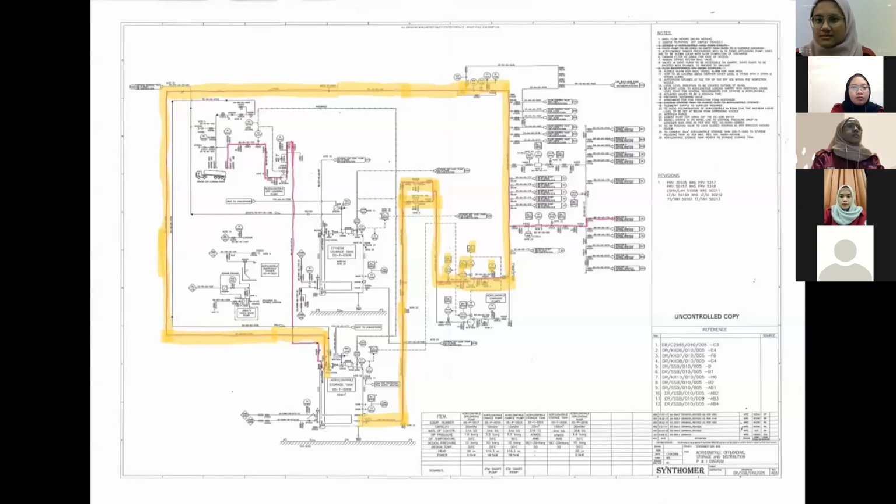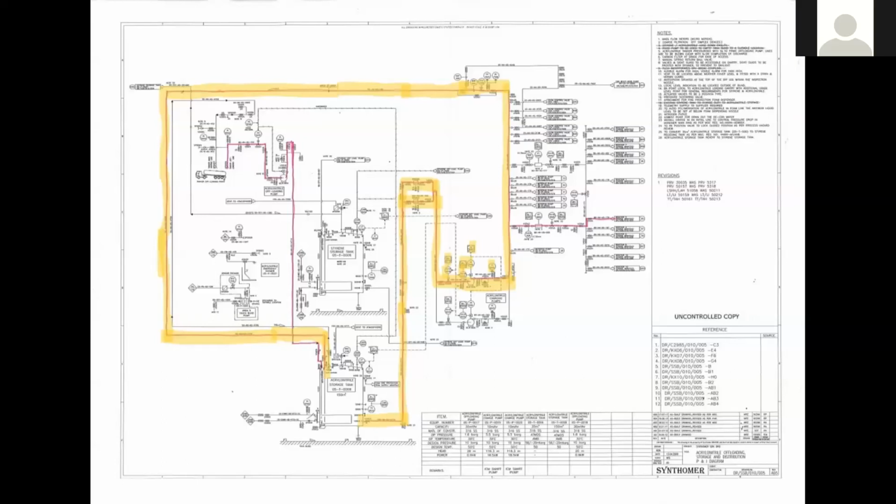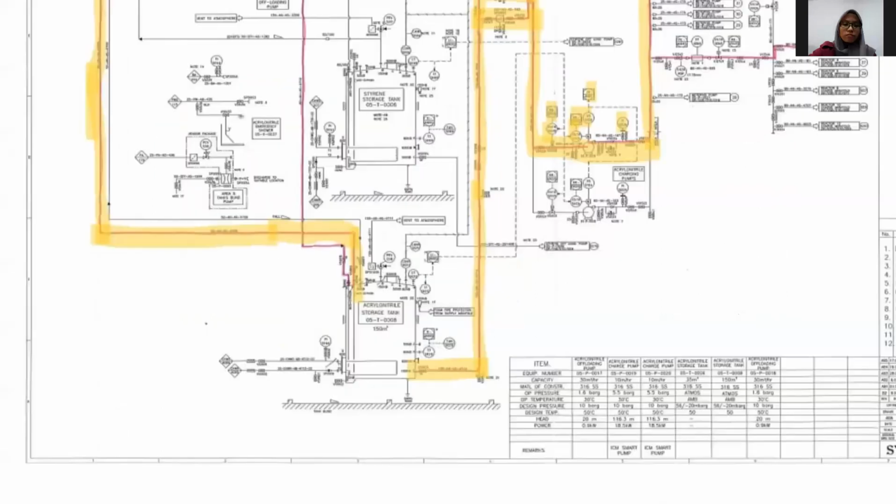Okay, so at the first step, it will start with the cleaning route, which is the discharge of acrylonitrile from this tank to the other IBC tank.